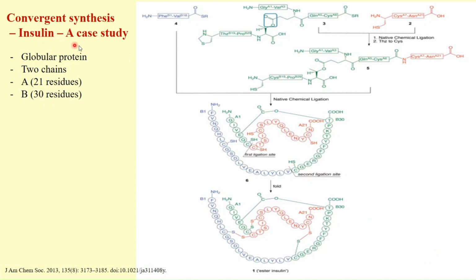A convergent synthesis using solid phase peptide synthesis, where the insulin has two chains with 21 and 30 amino acid residues, has been reported by the Journal of the American Chemical Society in the year 2013, where they prepared three chains, 2, 3 and 4. 2 and 3 are first ligated, and this ligated one has been ligated with 4 to give the corresponding insulin, which folds in a similar fashion to the natural insulin, in which the sulfur-sulfur bonding is formed by using a ligation strategy.